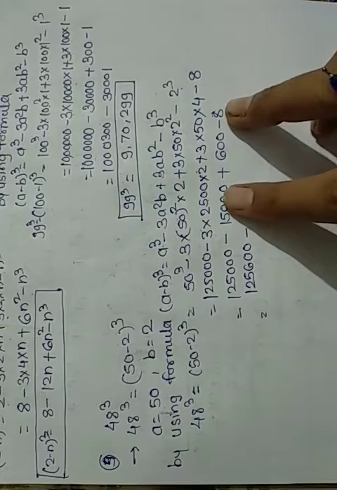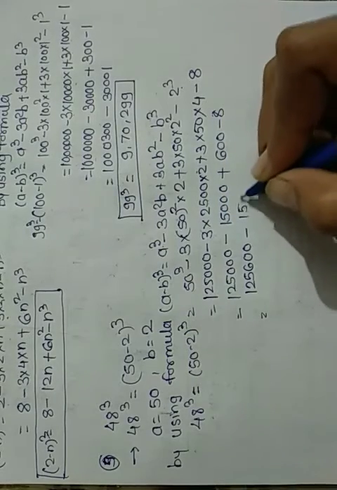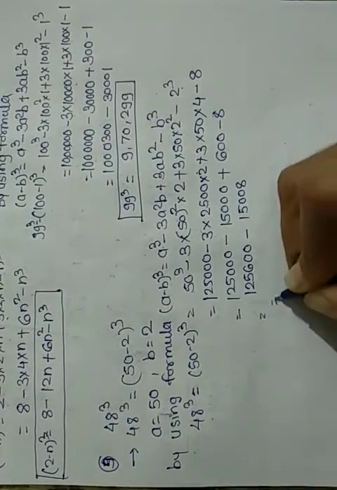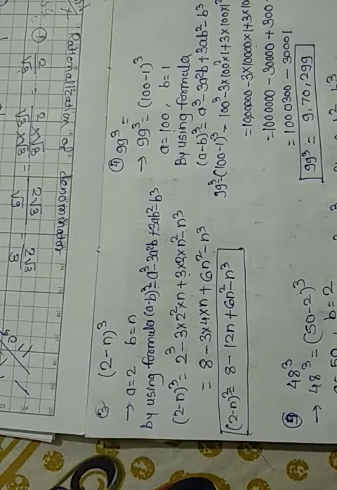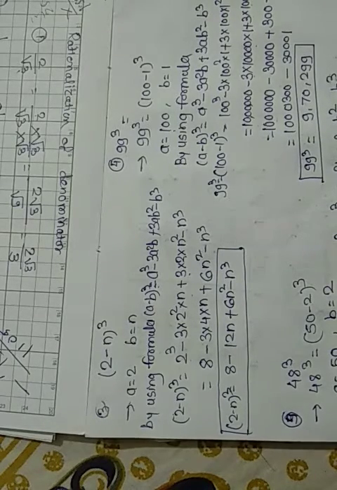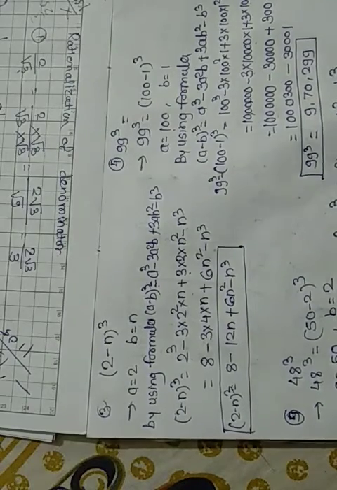Minus this, minus becomes plus, that is 15,008. So the answer is 1,10,592. This is the cube of 48.